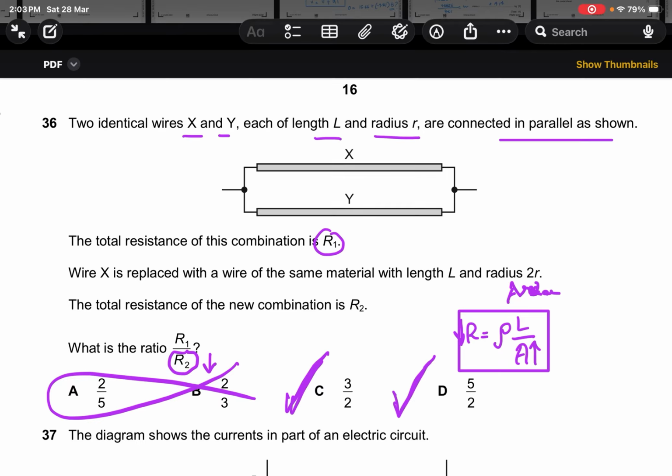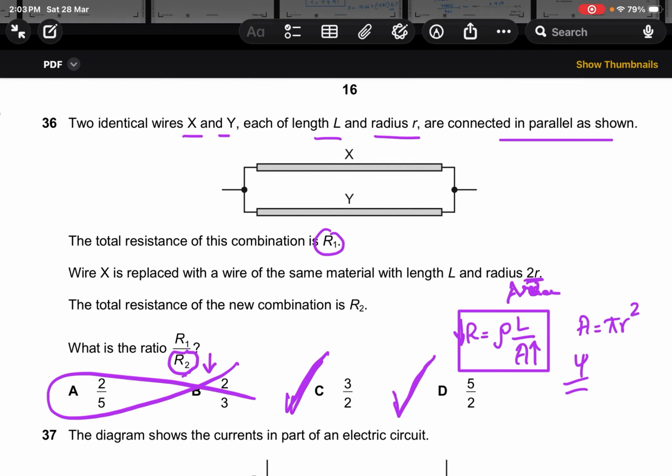Okay, so now we have to see that when we make it 2R, because area equals pi r squared, area increases by 4. So if the area is going to increase by 4, the resistance R2 is going to decrease by 4.